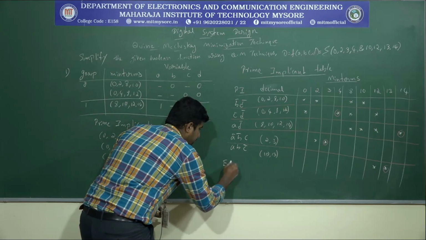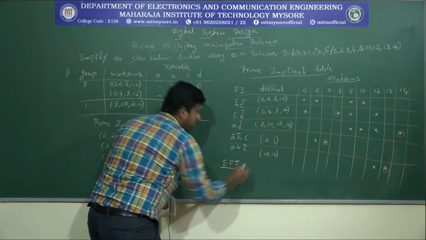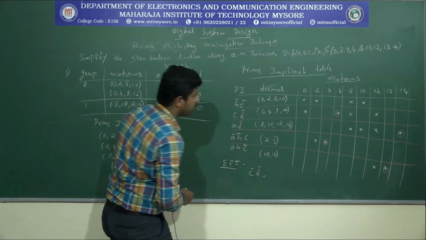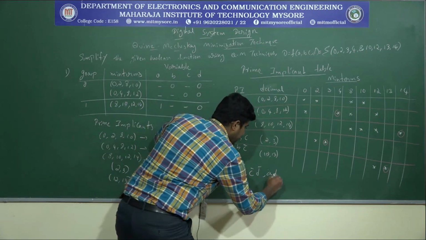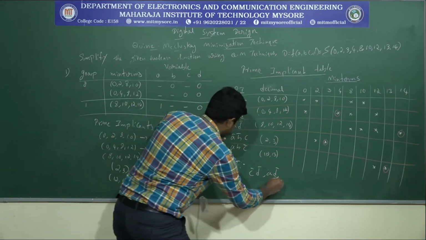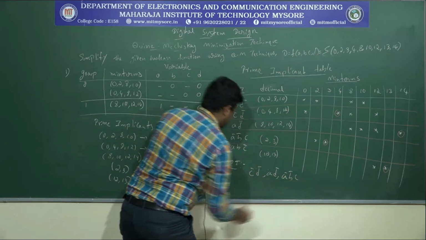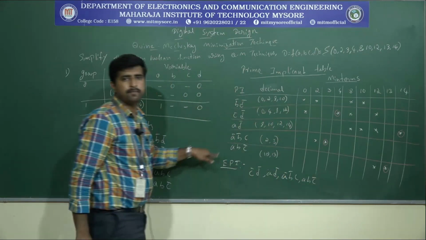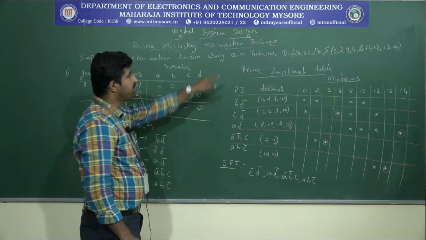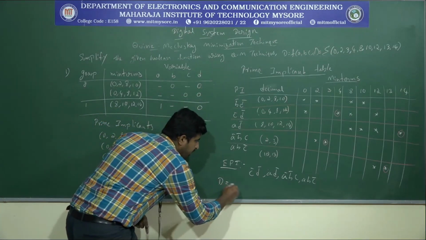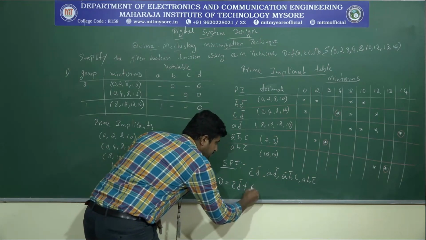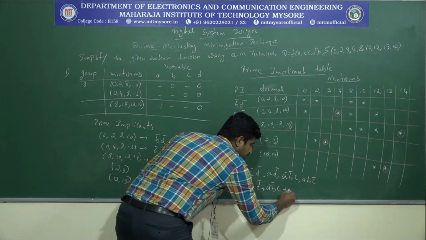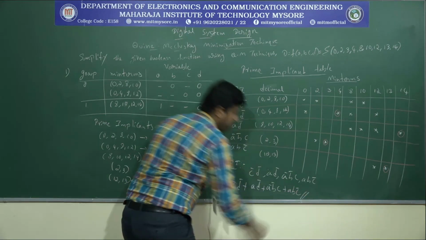The EPIs are C bar D bar, comma, A D bar, comma, A bar B bar C, and next A B C bar. So the simplified equation D will be equal to C bar D bar plus A D bar plus A bar B bar C plus A B C bar.